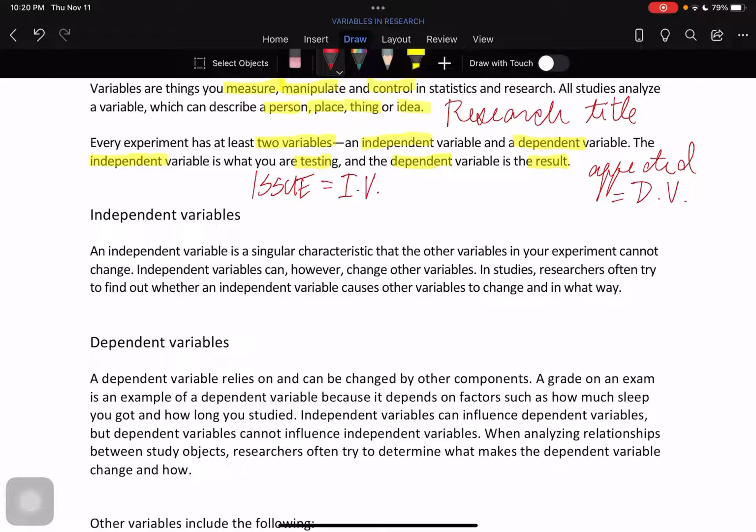In a more detailed definition and characteristic, the independent variable is defined as a singular characteristic that other variables, because there are more variables other than independent and dependent variables that are used in research, but we are not going to comprehensively discuss them in this video, but I am going to present them later on, that other variables in your experiment cannot change, meaning the independent variable is constant.